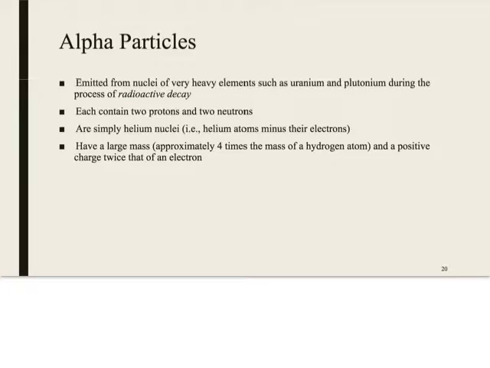Let's talk a little bit about alpha particles. Our textbook mentions that they contain 2 protons and 2 neutrons. So we said they're just basically the nucleus of a helium atom, which means it's a helium atom minus its electron cloud. But it has a whole lot of energy. I think about it being like a bowling ball on the pool table.